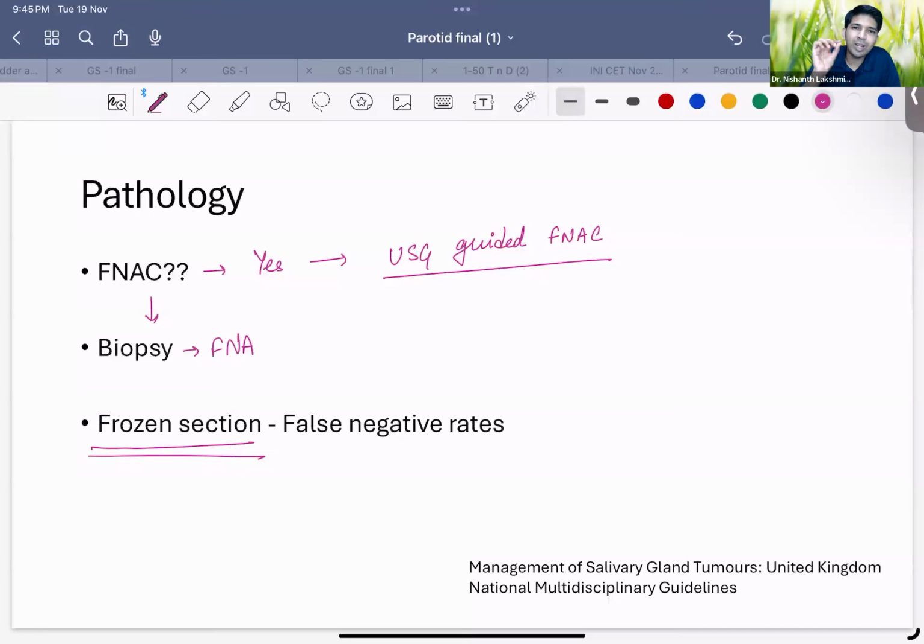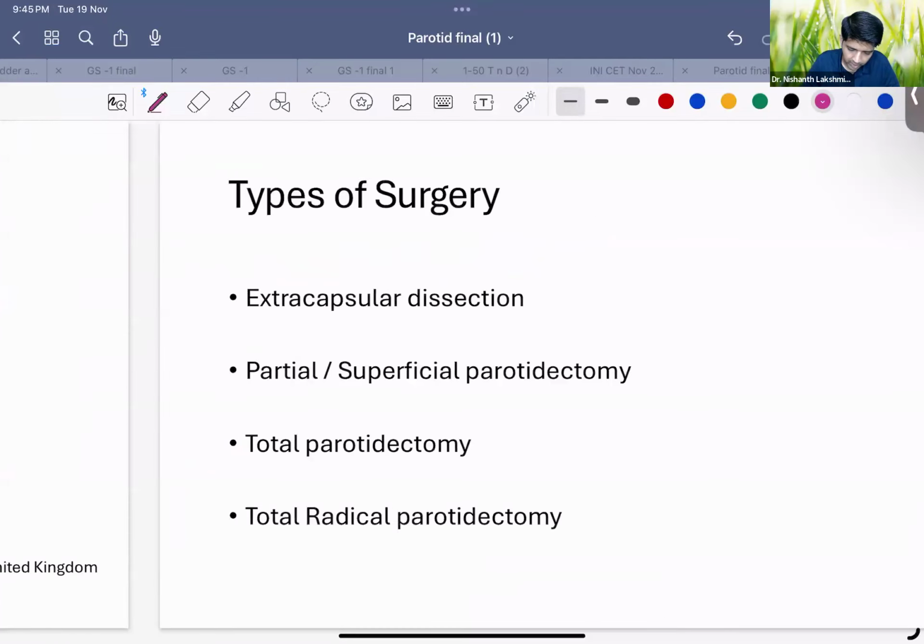So you can remove that lymph node and send it for frozen section, not the parotid per se. If the lymph node comes back as positive, you have to do a modified radical neck dissection. Frozen section is for lymph nodes rather than the parotid, because be it benign or malignant, the treatment is the same. It's not going to change.